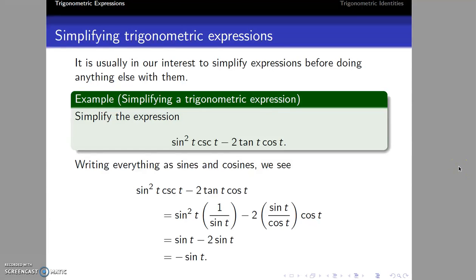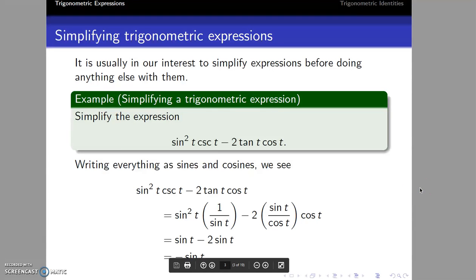And so if I were to ask you again to evaluate this expression at t equals 0, or t equals pi over 6, or t equals 150 degrees, yes, we could do it for all this, or equivalently, we could do it for negative sine t. They are exactly the same. We have shown that these are equal expressions because we have simplified from one and got to the other.